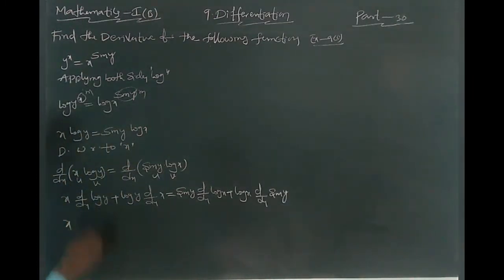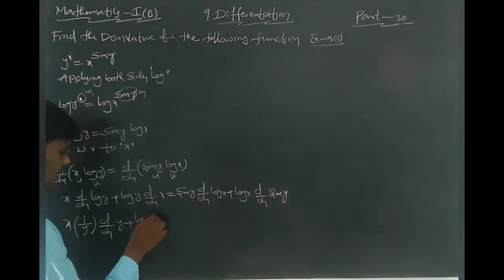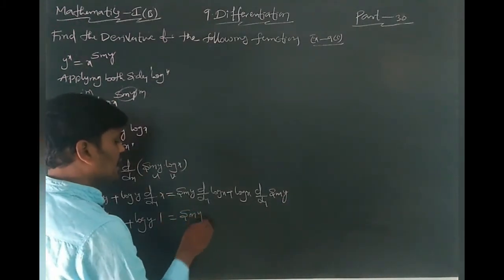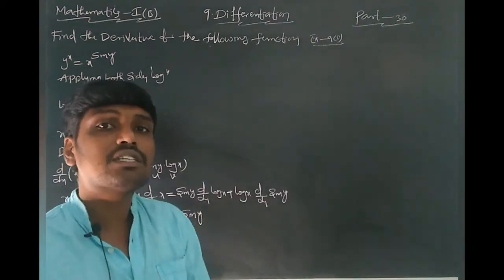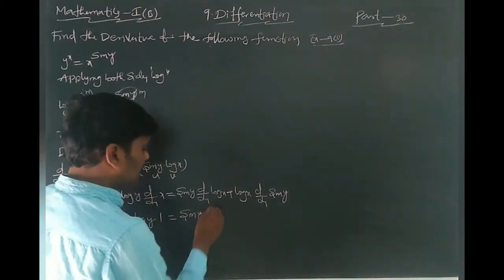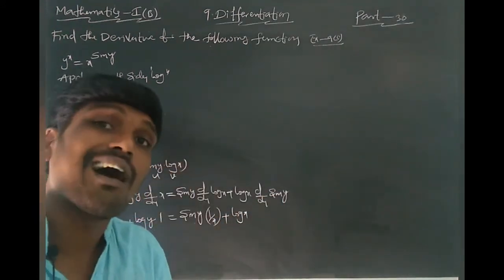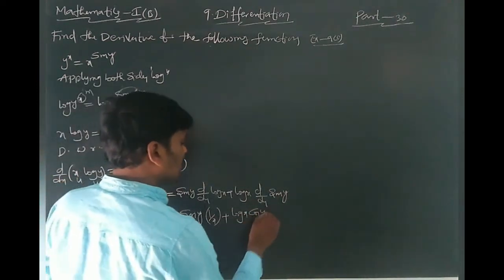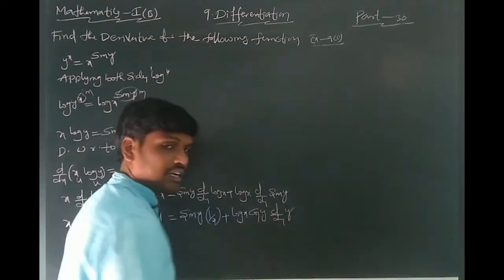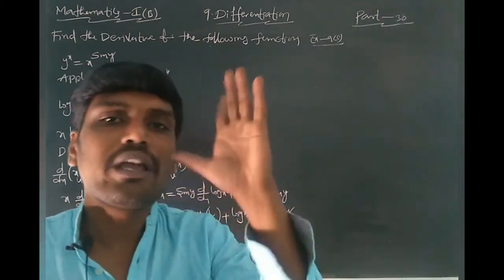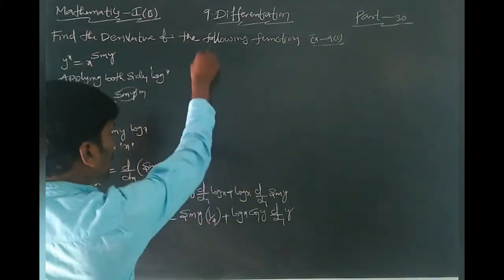Here, x into log y derivative is: x into 1 by y into d by dx of y, plus log y into derivative of x, which is 1, is equal to sin y into derivative of log x, which is 1 by x, plus log x into derivative of sin y. The derivative of sin x is cos x, but here in place of x there is y, so you also multiply by the derivative of y.